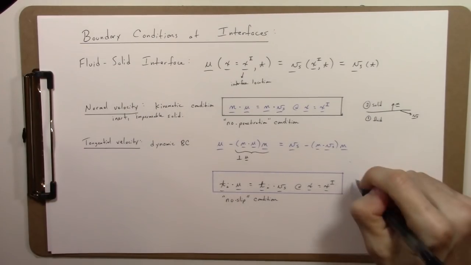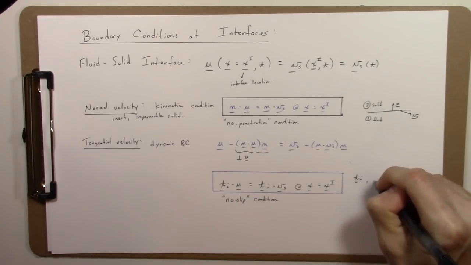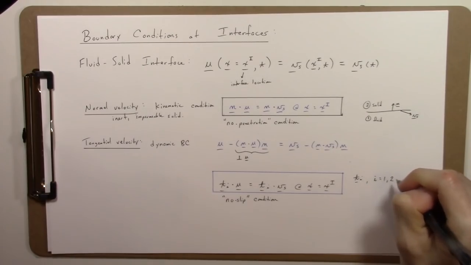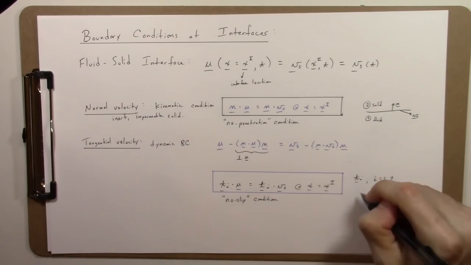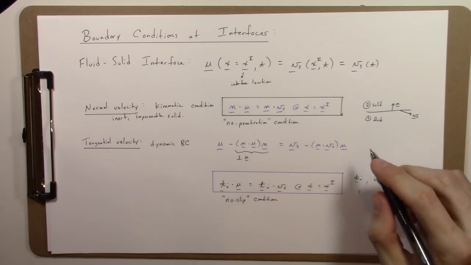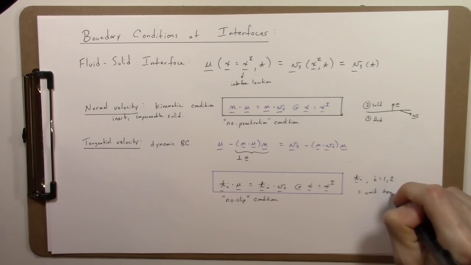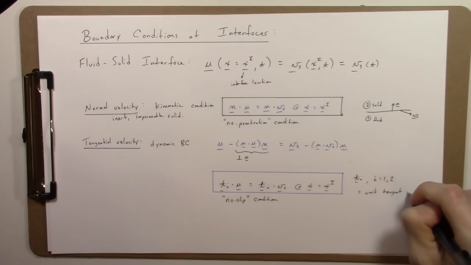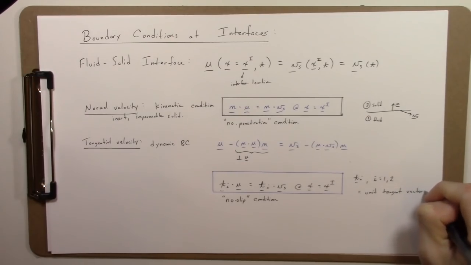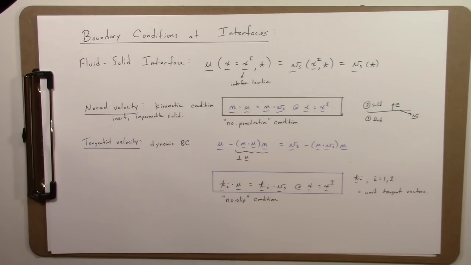So what is t sub i? i can be 1 or 2, and t sub i is one of the two unit tangent vectors to the interface.